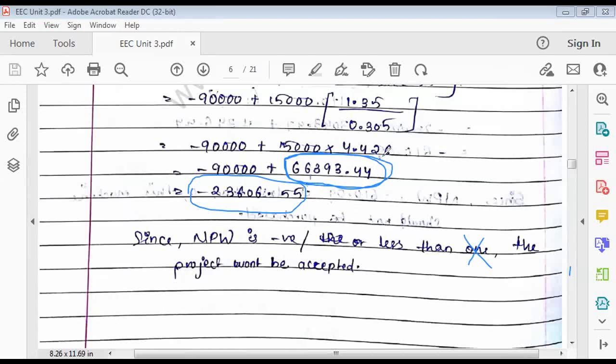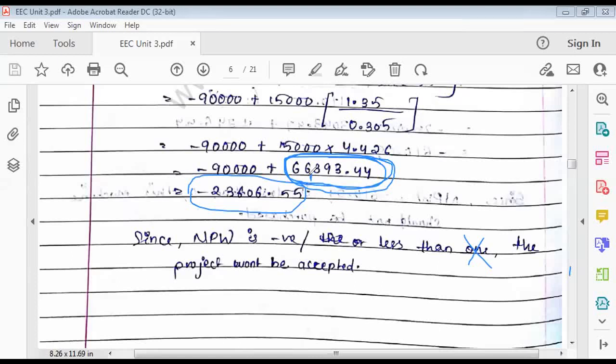And do you know what is this 66,393? This is the present value of your return. That means what? What is the meaning of present value of your return?